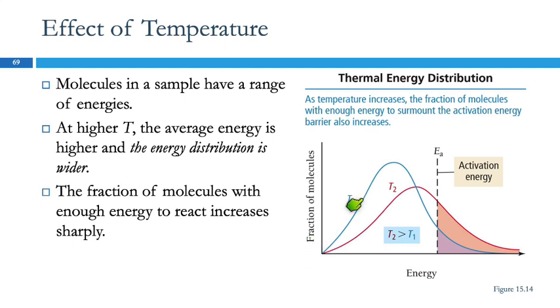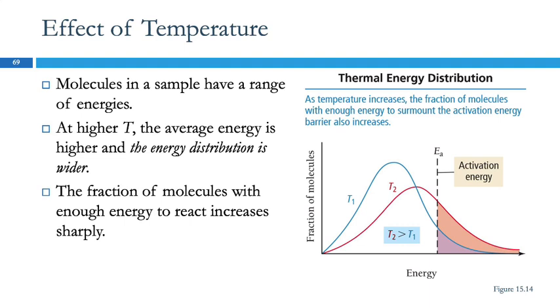So here in the blue at time 1, we're going to have a distribution of energies, right? A lot of them are going to be in this middle area, but some of them are going to have much higher energy, and some are going to have much lower energy. And the y-axis represents the fraction of molecules with that given energy.